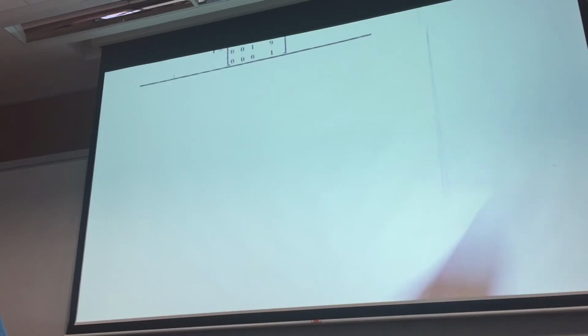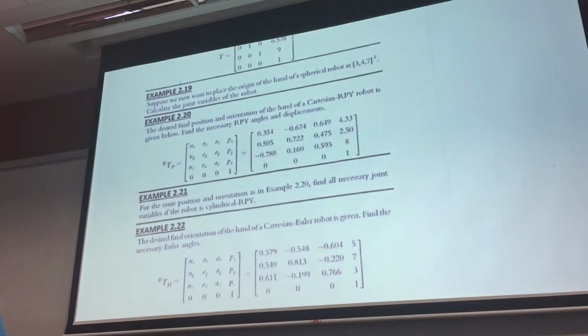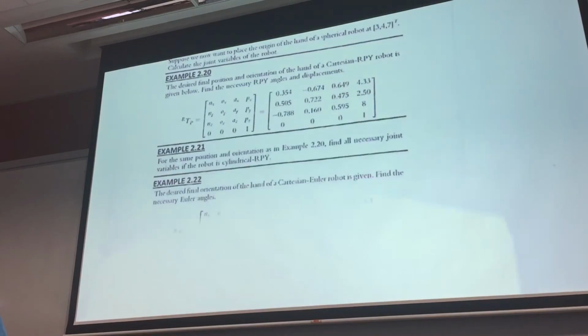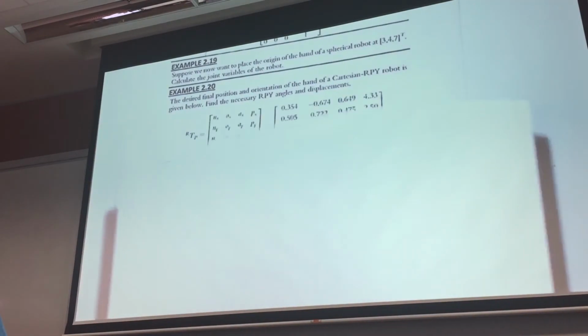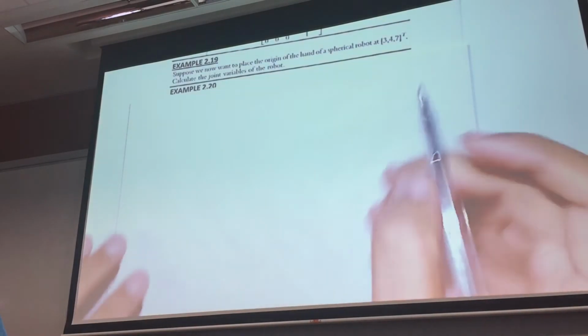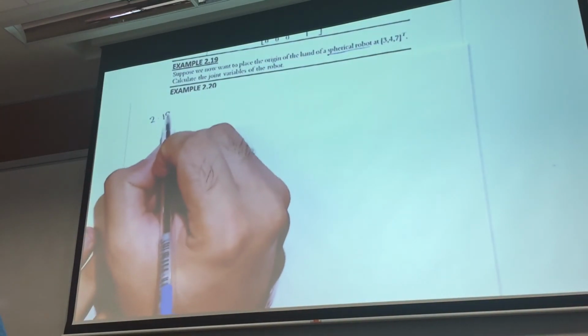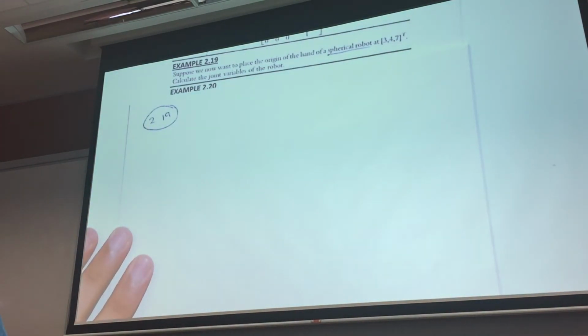Okay, let's do one more before we call it a day. We look at 2.19. Now we want to place the origin of the hand of a spherical robot at 3, 4, 7.